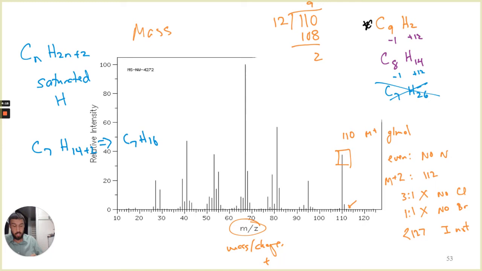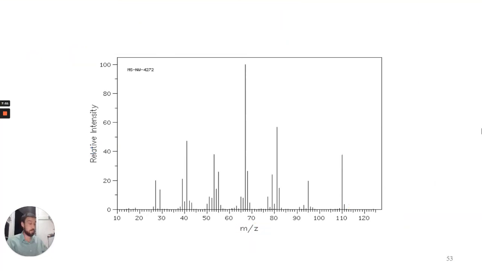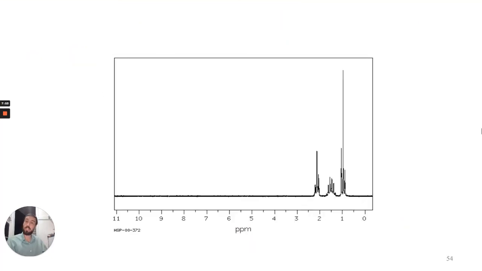And I would have 2 potential formulas that I could work from. If I had, say, some more information, like maybe my IR tells me that I have a carbonyl, that means oxygen is present, and I could adjust my formula by subtracting out the oxygen. I don't have that information, which means put 30 seconds back on the timer for our hardest spectra. Go.